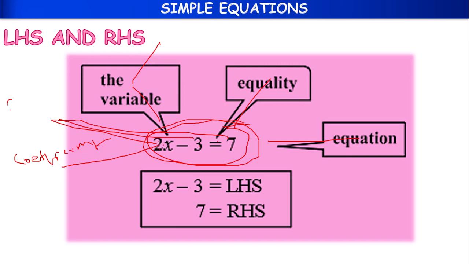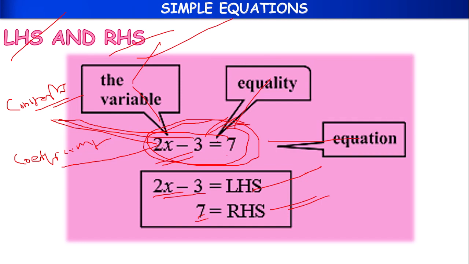Only 3 and 7 are called constants. And 2x minus 3 is the LHS, 7 is on the right hand side, so it is considered as the RHS. So if we know the equation, we can find out the LHS and RHS from it.